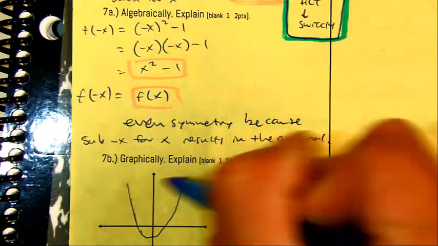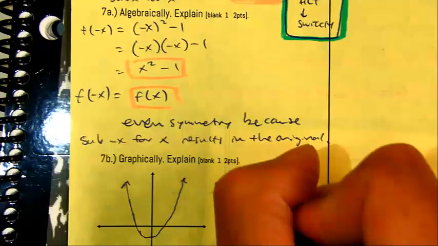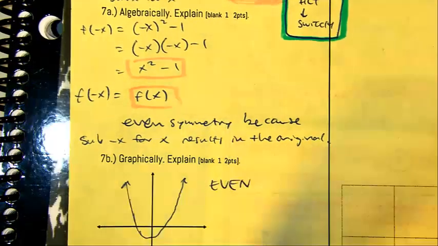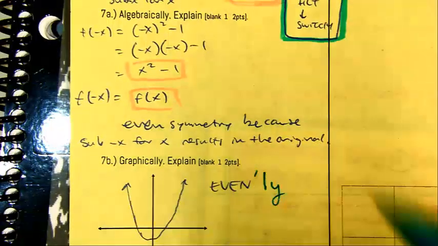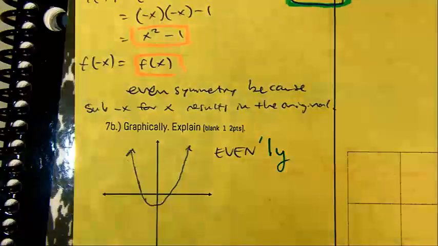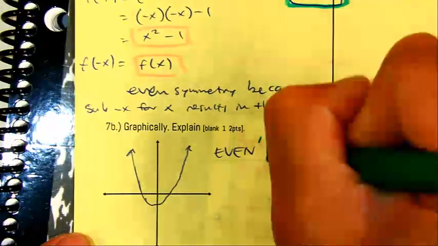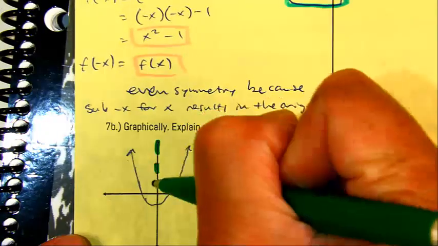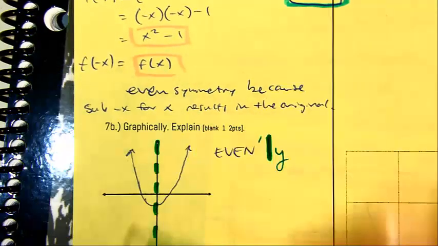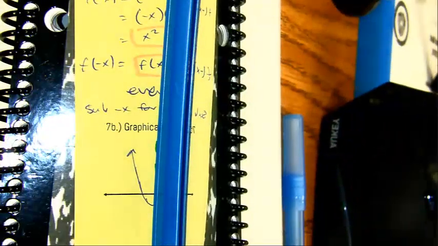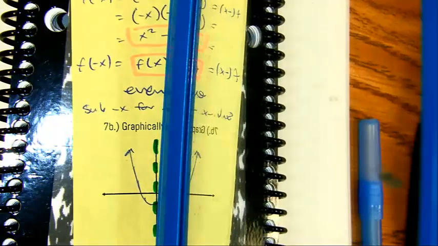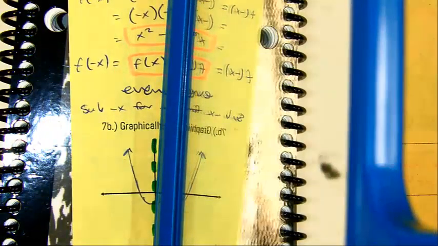And remember my phrase, evenly. And why my silly phrase works that way? Because the L in evenly is where it is being symmetrical, right? This is where the mirror is showing the other side.